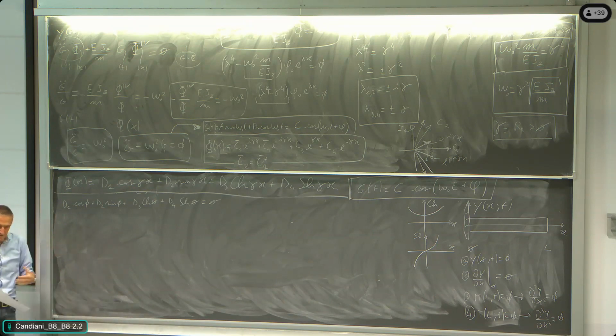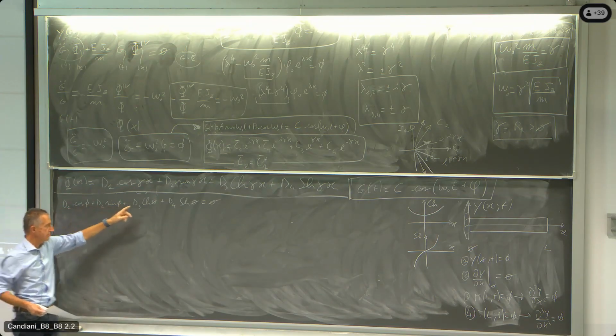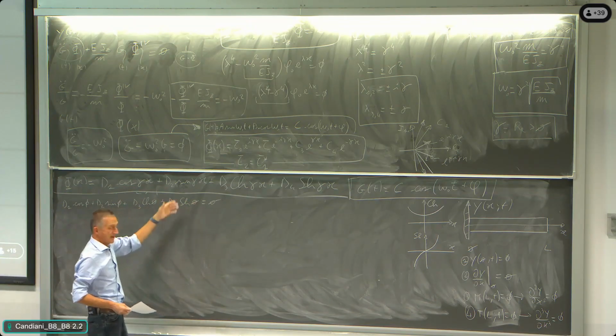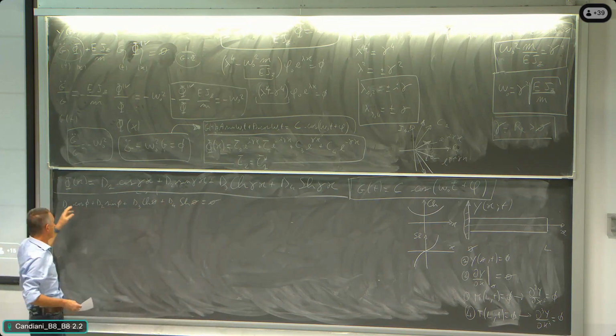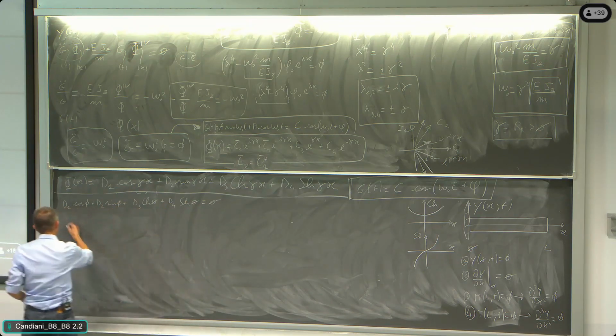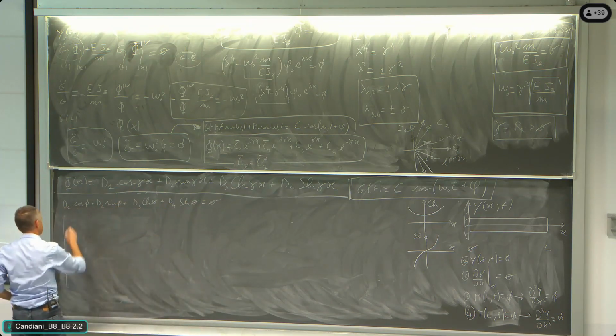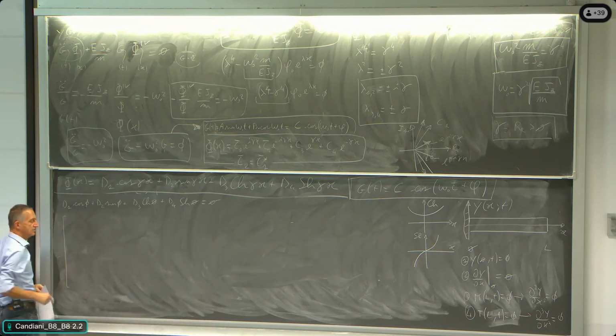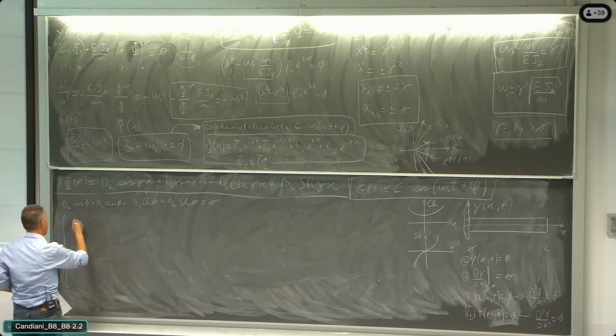What we are recognizing is that we are building a system of coefficients that is cosinus 0, sinus 0, hyperbolic cosinus 0, hyperbolic sinus 0, multiplying the unknowns d1, d2, d3, d4, okay? And so we are writing the usual problem where we have a matrix, and here we have cosinus 0, that is 1.